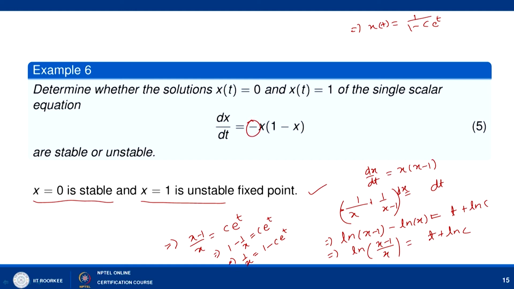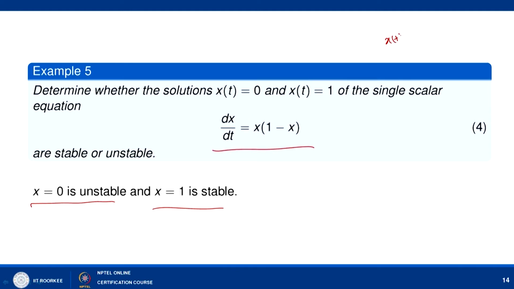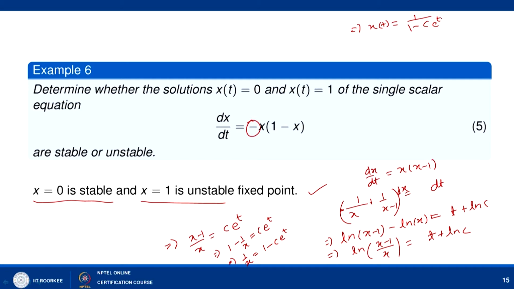If you look at the previous case, we had x(t) equal to 1 upon 1 minus c e to the power minus t, and here we have 1 minus c e to the power t. I am not doing it here; please carry out that just by changing this minus sign, everything else will be unchanged.